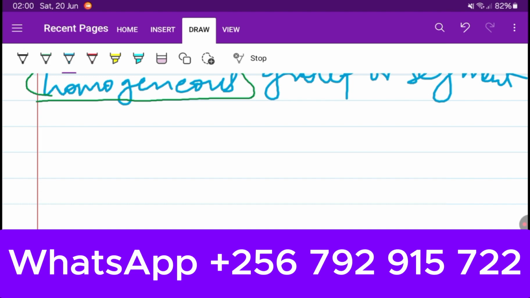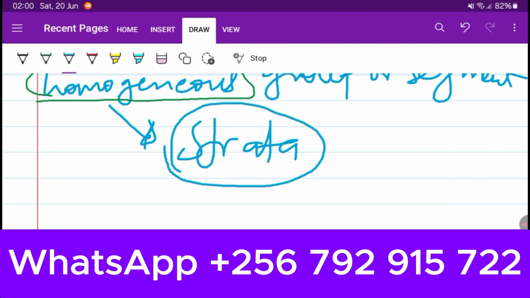So if you are studying a country, every tribe is represented. These homogeneous groups are the ones that we call strata, because it is these strata or groups that form the sample.